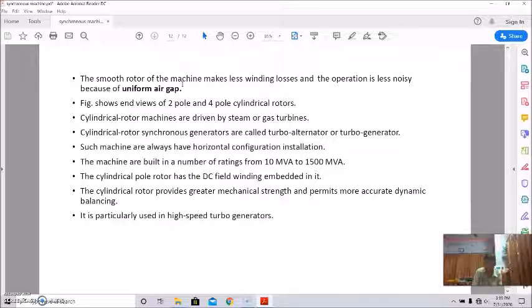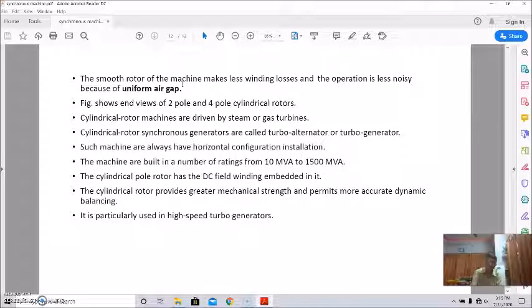So in a nutshell, that is about the constructional features of synchronous machines, particularly synchronous generators. We have seen the basic difference in construction of the rotor, which may be cylindrical or non-cylindrical.